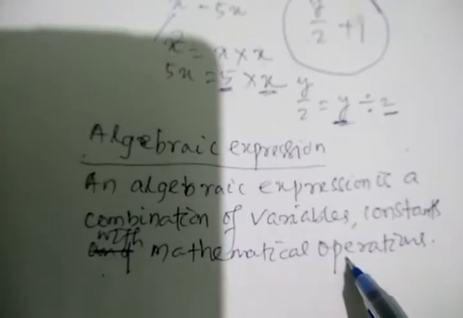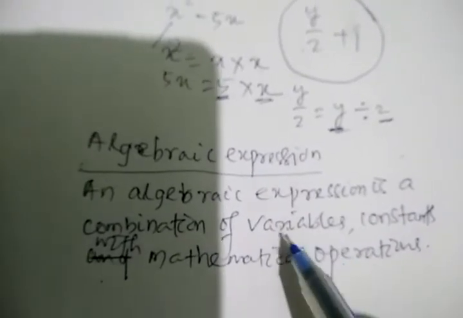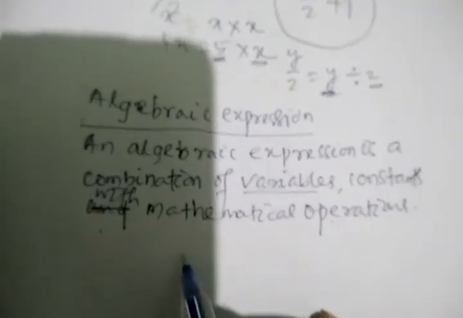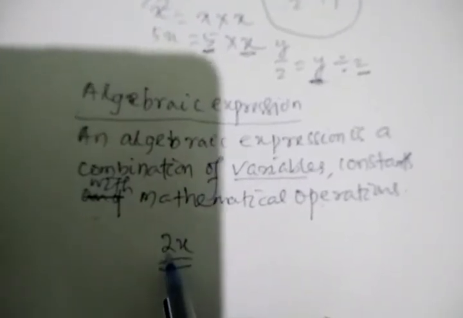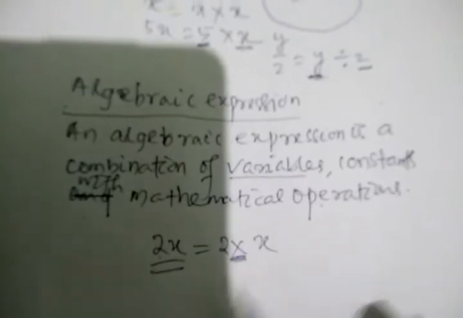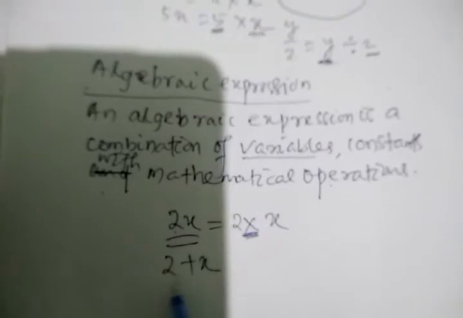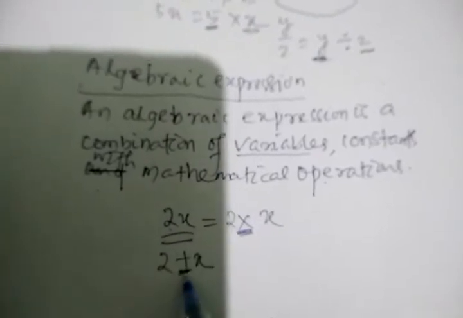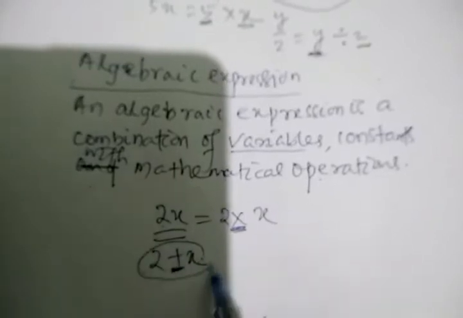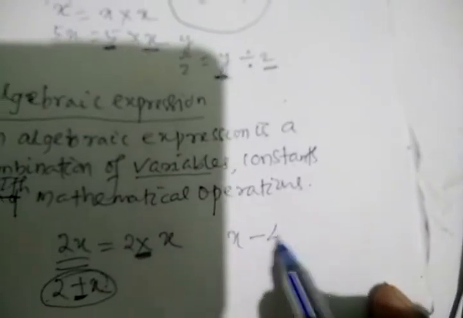Without mathematical operation, you cannot combine a variable and a constant. For example, how is 2x combined? Here 2 is a constant and x is a variable. So it is the mathematical operation 2 into x. 2 plus x, how is it combined? Here addition is there. Here 2 and x both are added to form the expression 2 plus x. Clear? x minus 4, how?